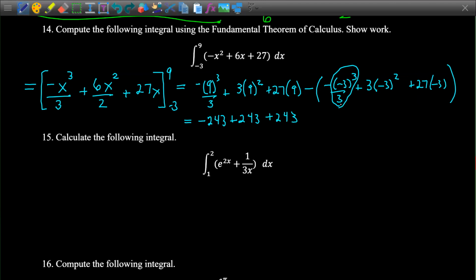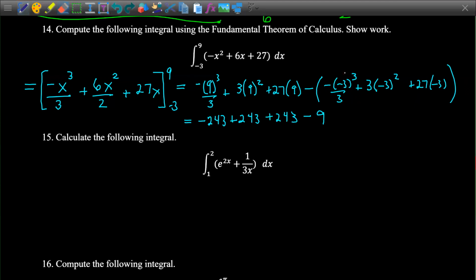Actually, that's going to be negative 27 over 3. And then we negate that and negate it again. So I think altogether we have minus 9. Let me just check that. All right. Okay, so that's minus 9.